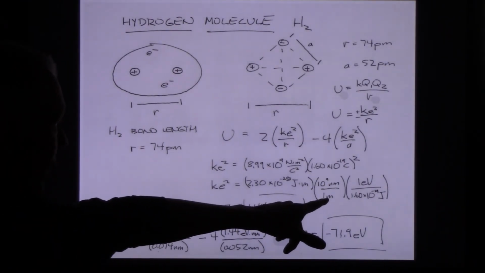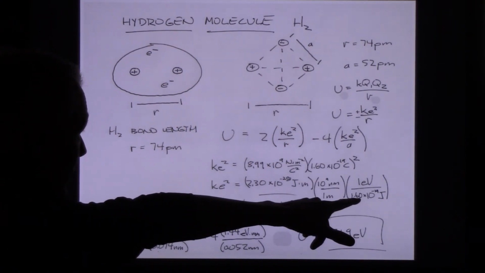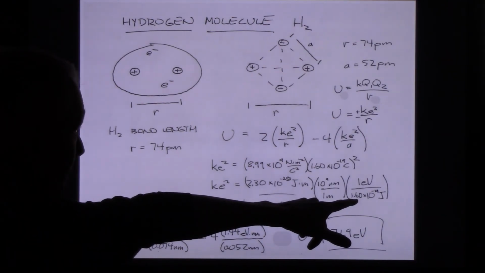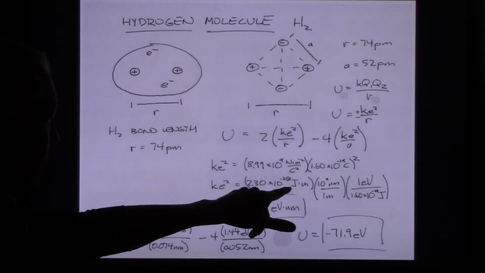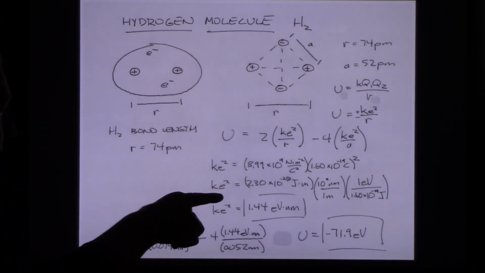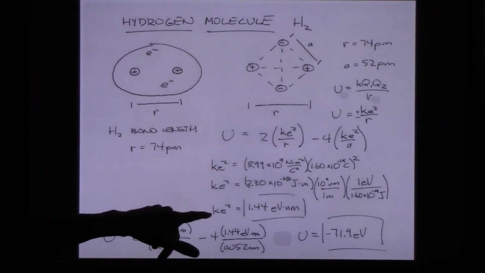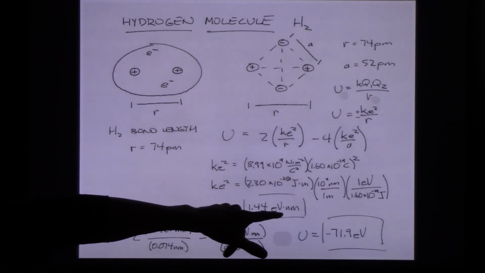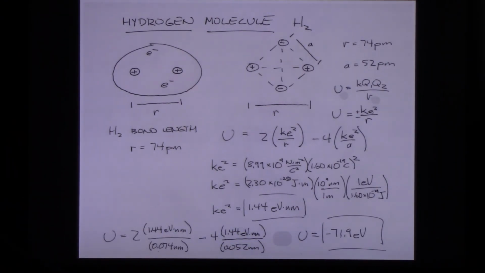So I converted one of the distance units, and I converted one of the joules, but not both. So I had joules here. Yes. Okay. So I needed a conversion into nanometers and a conversion into eV. Take a look at the units and see if they make sense. It turns out that ke² can be represented as 1.44 eV times nanometers.